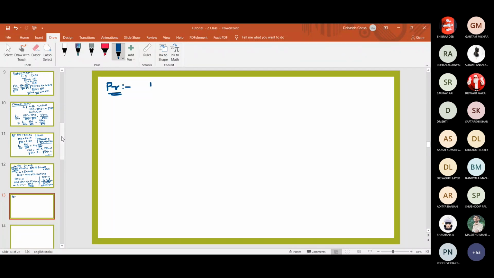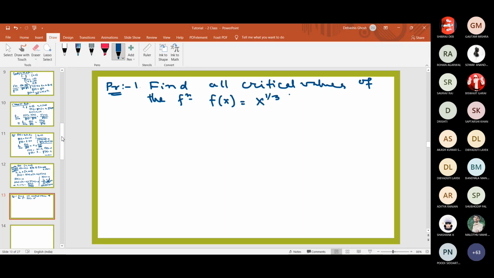Find all critical values of the function f(x) equals x to the power 1 by 3 times (x minus 3) to the power 2 by 3.